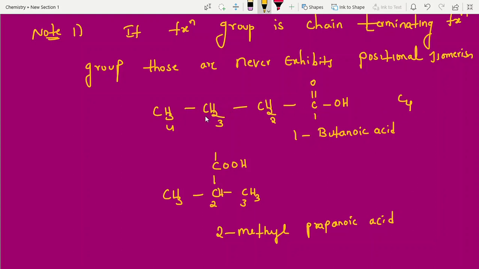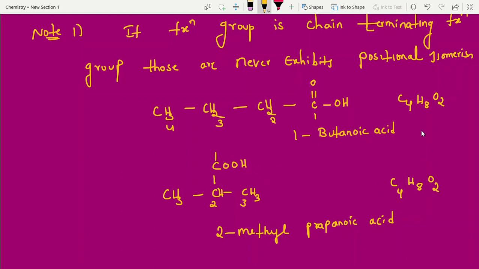C4, H8, O2. O2 means generally acids only. Here, what is the molecular formula? 4 carbons, 8 hydrogens, 2 oxygens. That's all.